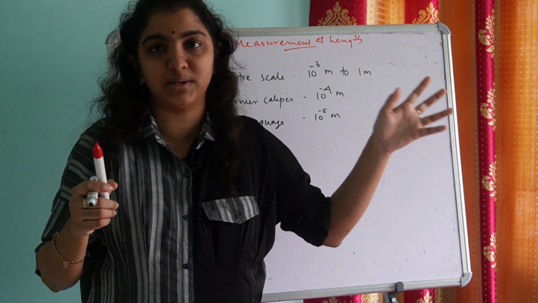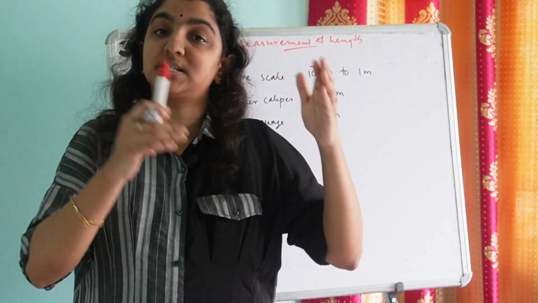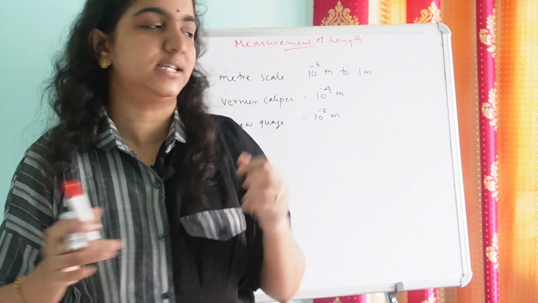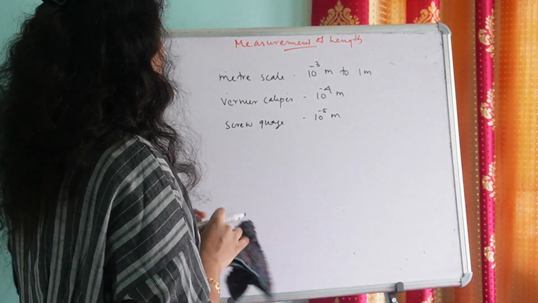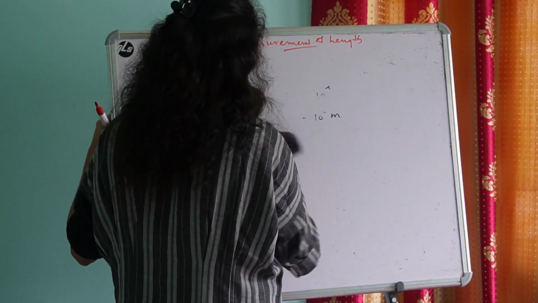Apart from these instruments, we have so many methods to measure extremely small and extremely large distances. Before going into those methods, first let's see the range of length which we are dealing with now.